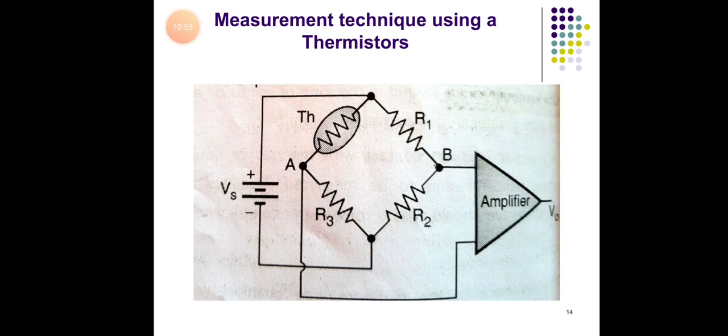The voltage proportional to the change in resistance is produced at the bridge output. This voltage can be applied to an op-amp for amplification, and it is then used for controlling the temperature.